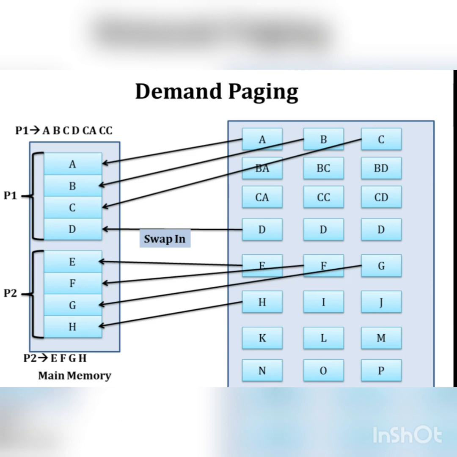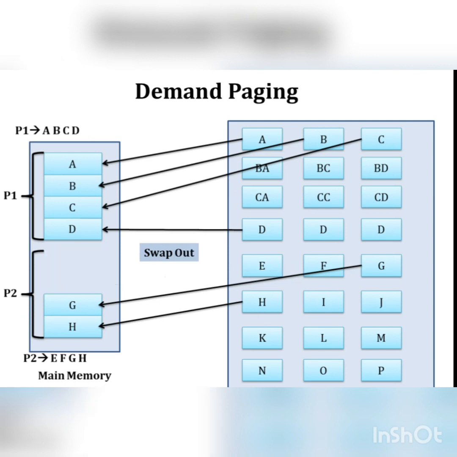Now P2 has completed its task. But P1 has loaded pages A, B, C, D into memory, and the requirement is C, A, C, C, which are still remaining. There is not enough space in our main memory, so we need to perform the swap out process.